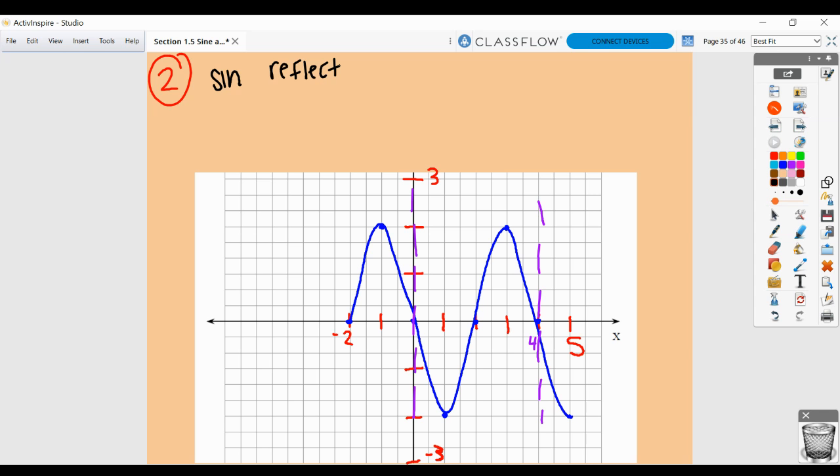Okay, next step is to look for the amplitude. So how high and how low does it go from the center of the graph? Looks like the amplitude is 2. Okay, and then we need to find the b. So we look for the period. The period is 4.